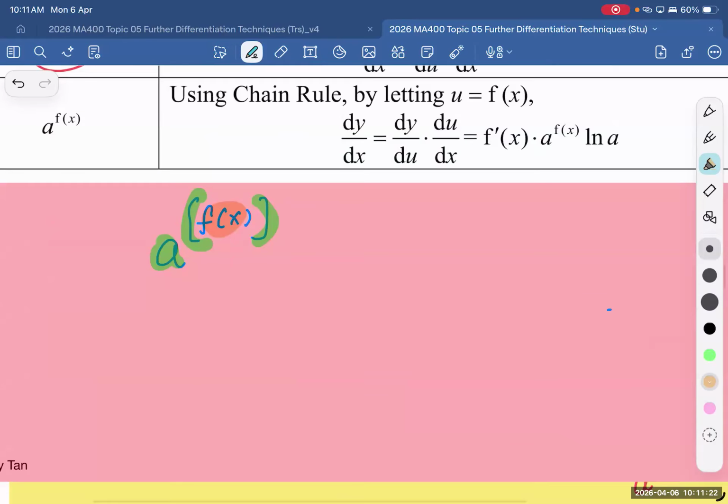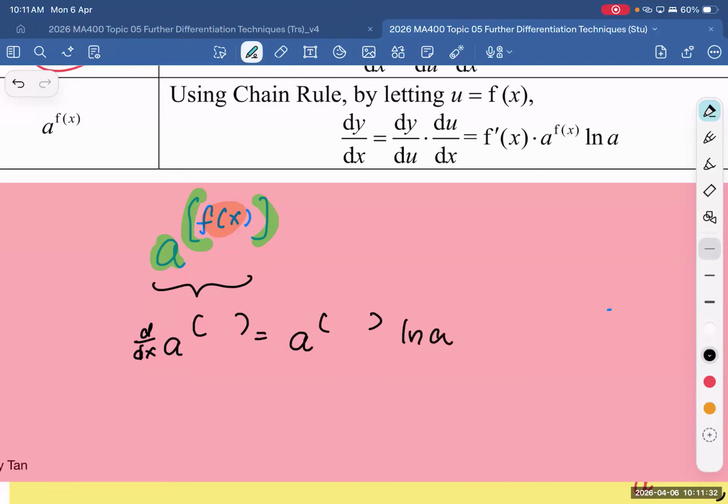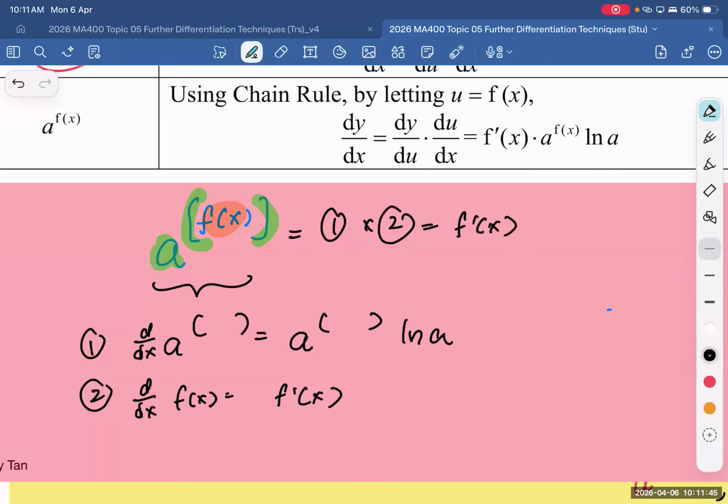Whenever I differentiate a power blank, it is a power blank ln a. When I differentiate f(x), it is f prime. So if I take layer 1 times layer 2, this is just f'(x) a^f(x) ln a. I'm just applying the chain rule. This is formula number 4.